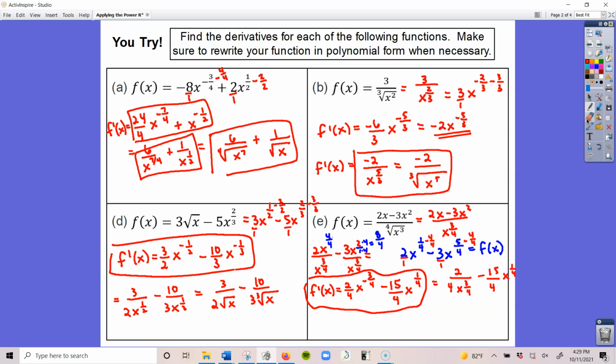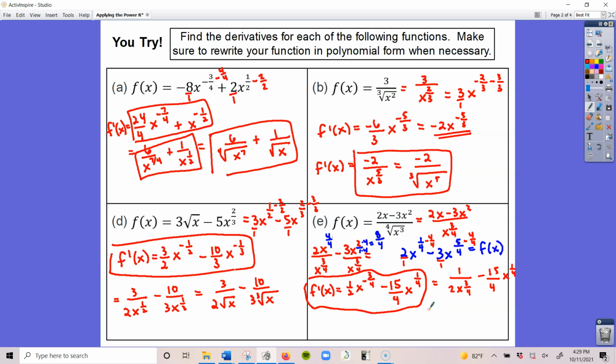So I'm going to make sure to simplify. If you can ever simplify your fractions, just make sure that you do so as good practice. So let's change this here. This is going to be a 1 and this is going to be a 2. And then same thing here. This is 1/2 and this is 1 over 2.